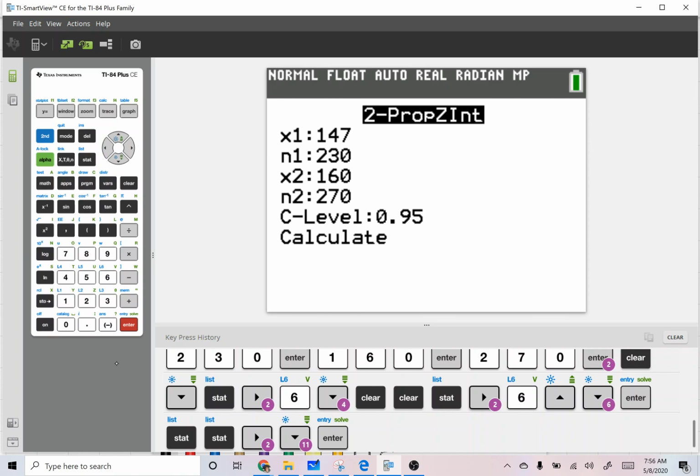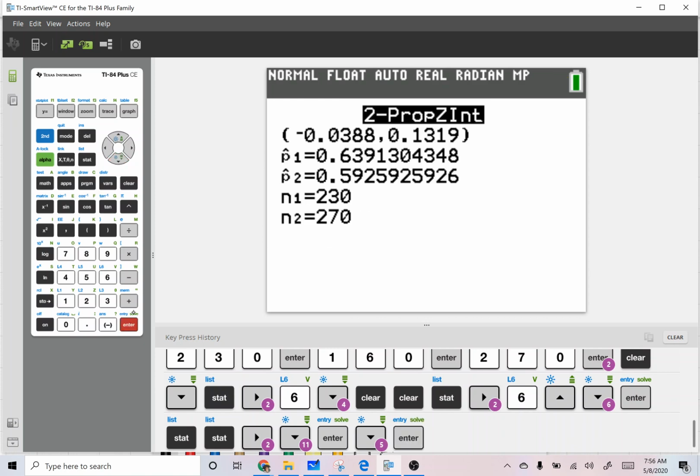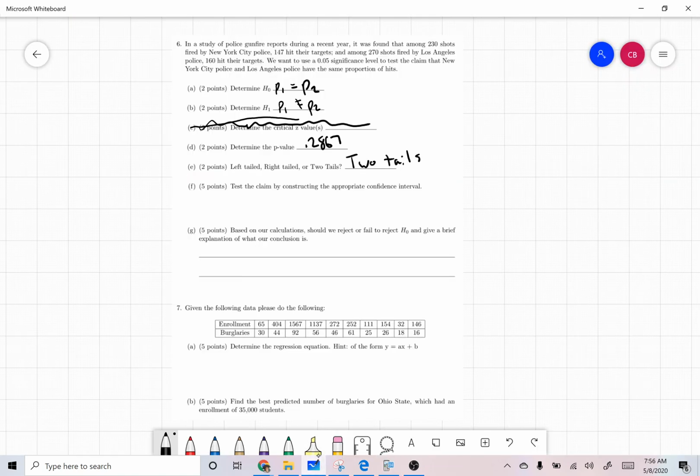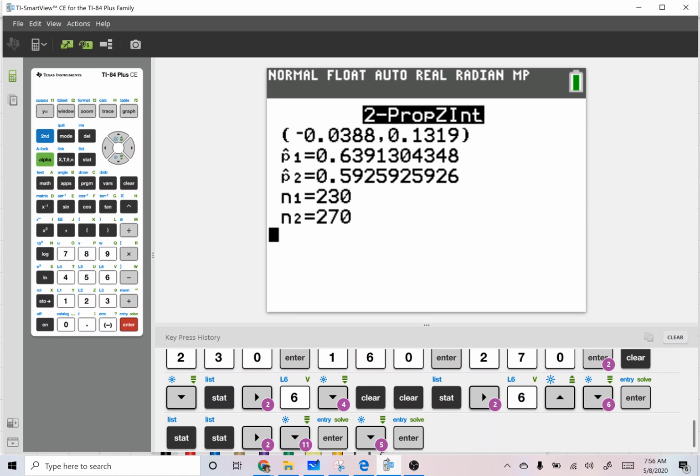Those are basically complements of each other. All of the information will already be there. So in this case, we have negative 0.0388 and 0.1319.